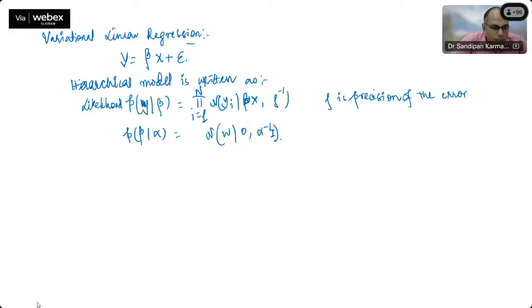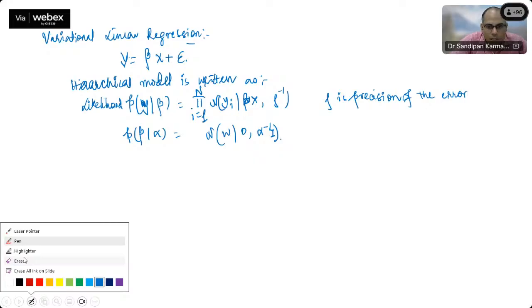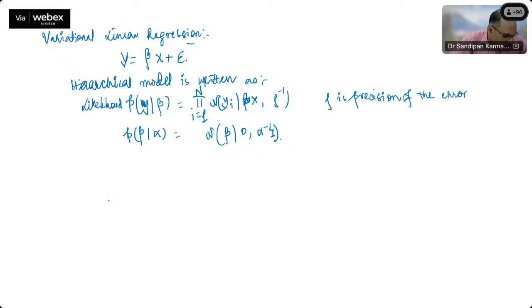This beta is basically a multivariate situation. Again, I am writing w, it will be all beta. And p of alpha is gamma of alpha, a naught, b naught.